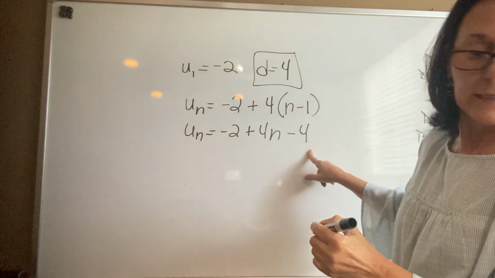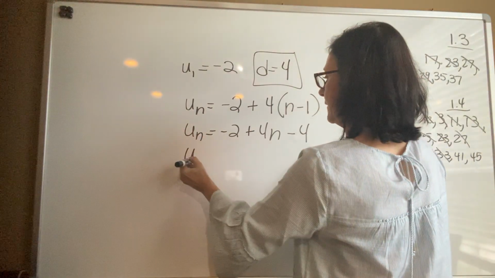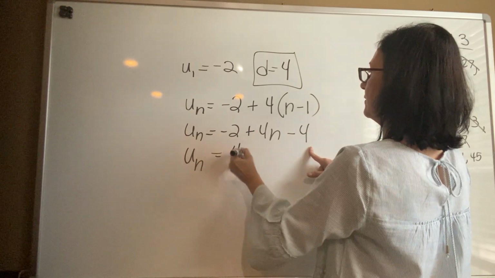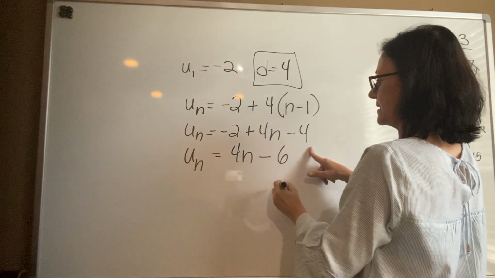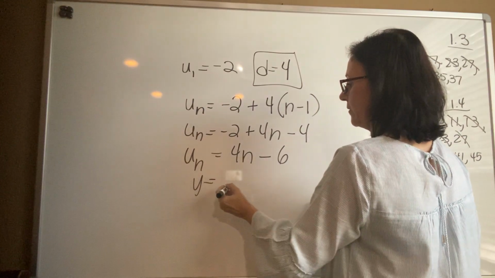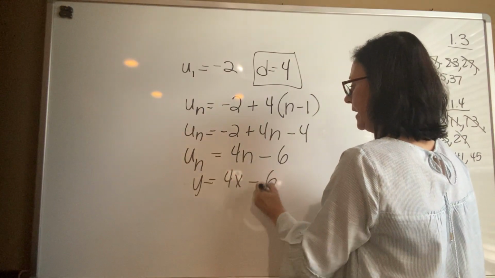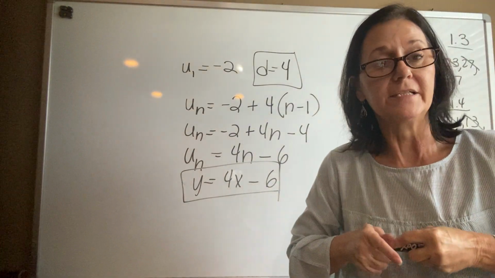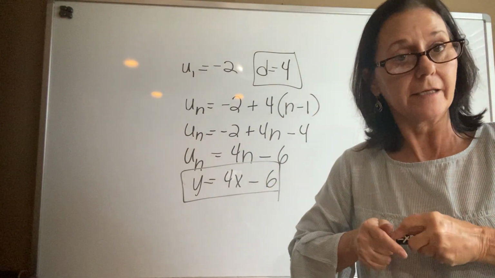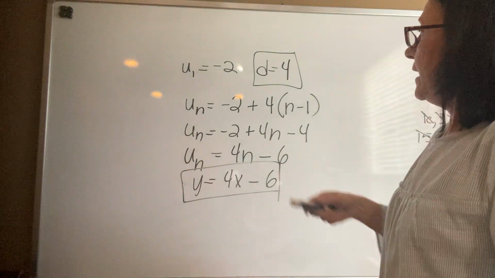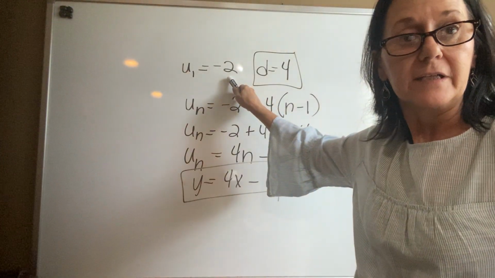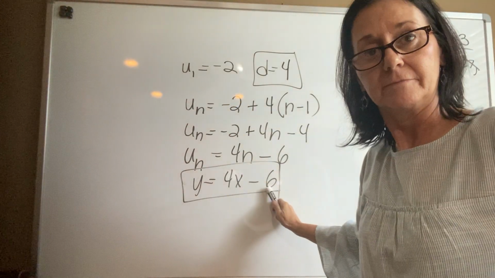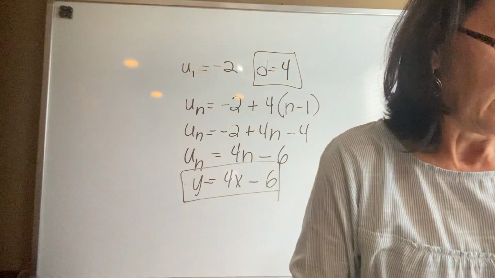Combining my negative 2 and negative 4, I have U sub n equals 4n minus 6. It's the same thing as y equals 4x minus 6. I just use my explicit form. I know my difference is my slope if it's arithmetic. And I could have figured out where my y-intercept is. That would be U sub 0. I would subtract 4, and it makes sense. And that was 45.